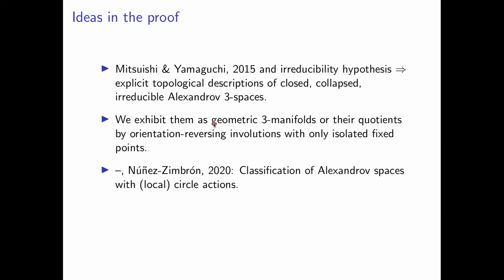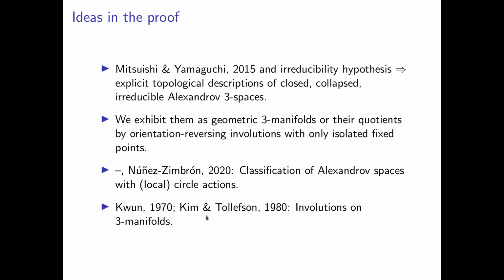Going back to the answer to Christoph's question, examples of things that collapse are spaces with local circle actions, and these were classified by Jesús Núñez-Zimbrón in the global circle action case, and then by both of us in the local case. And let me conclude with that.